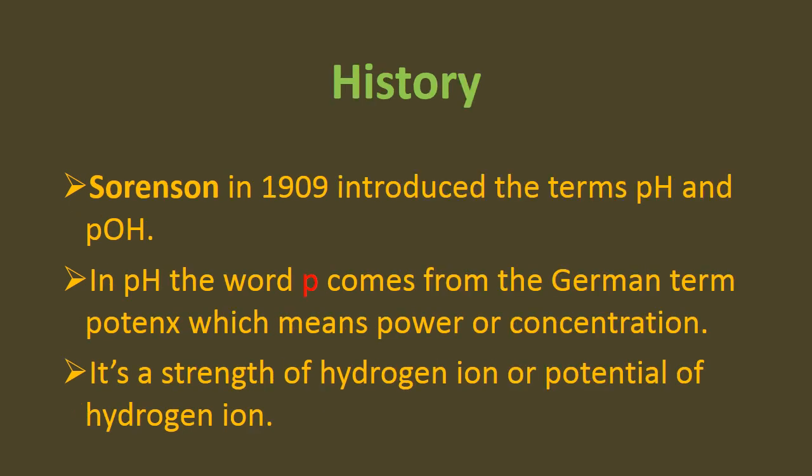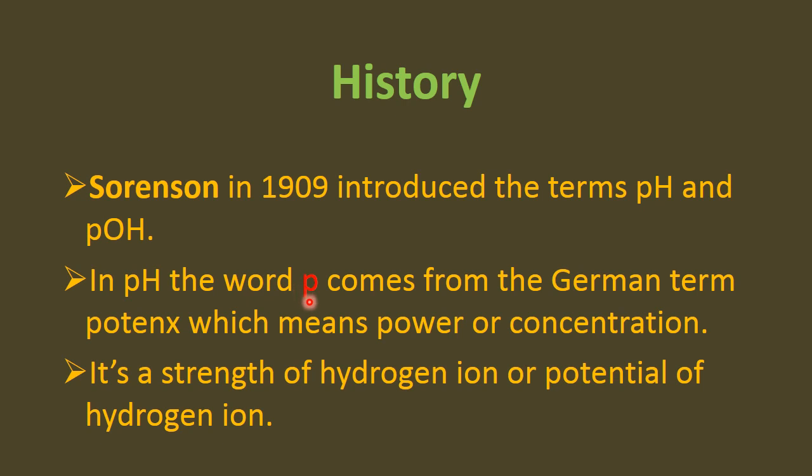It was Sorensen in 1909 who introduced the terms pH and pOH. So now pH is for acidic strength and pOH is for basic strength. Have you ever thought about where this P comes from?